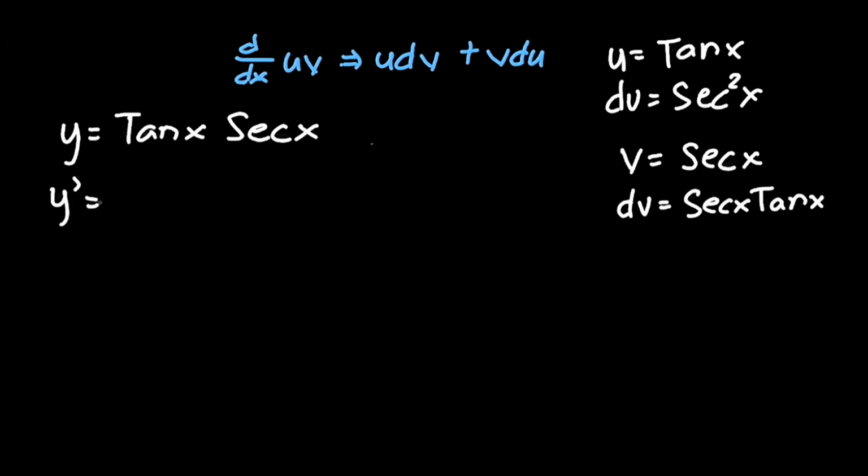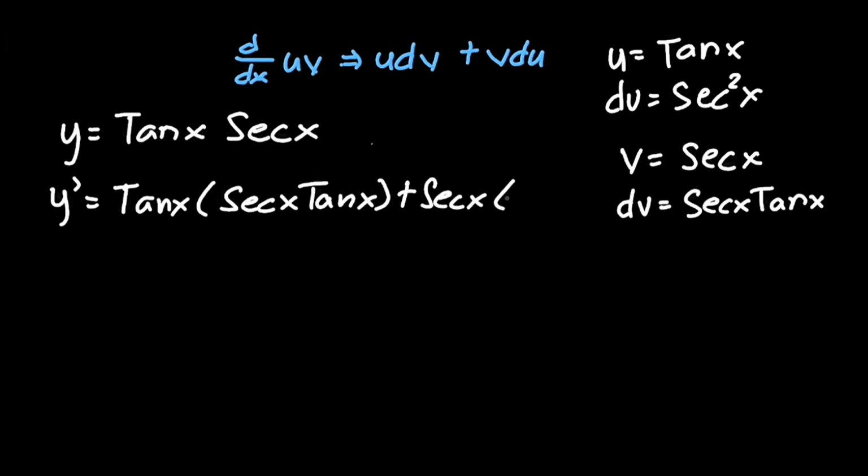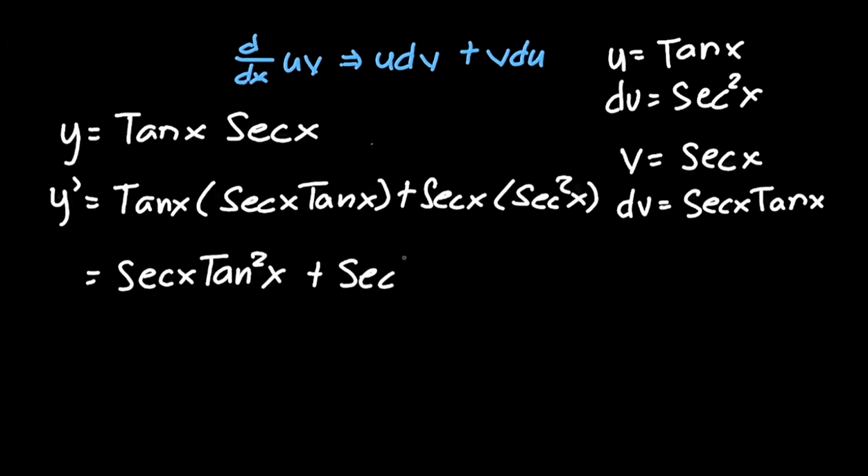Y prime now here would be tangent of x multiplied by secant of x tangent of x plus secant of x multiplied by secant squared of x. Final answer now would be secant of x tangent squared of x plus secant cube of x.